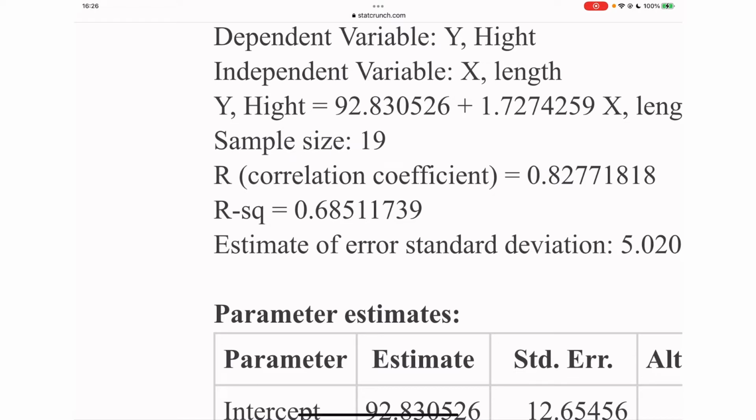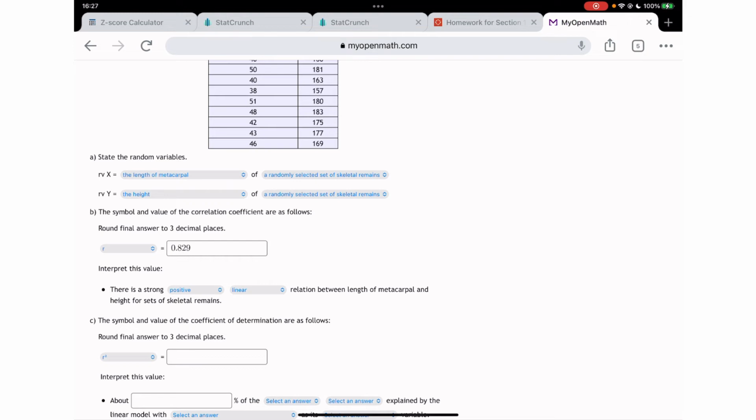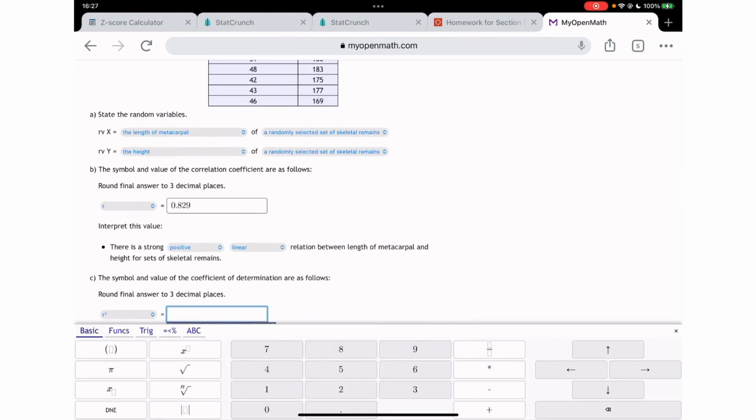On the iPad it's 0.685, but on the desktop it says 0.687. So I'm going to go with the desktop result, 0.687. I guess something shifted, or I missed something. But you will most likely work in StatCrunch on desktop with copy and paste, so you will have it correct also.